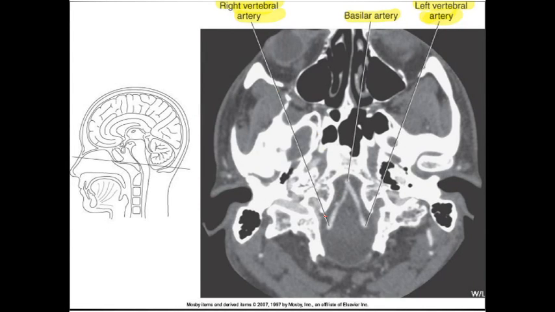Here we have the right vertebral and the left vertebral coming together to form the basilar artery. Notice that we're getting ready to see the EAM. We're still seeing the maxillary sinuses. We have the orbits here. We have the zygomatic arch and the TMJ.